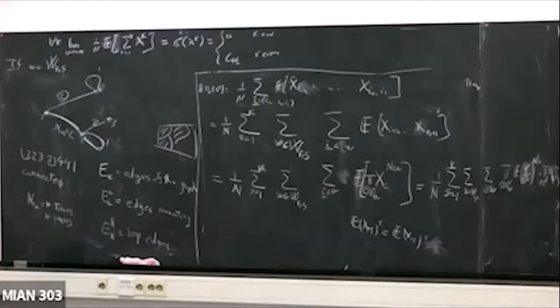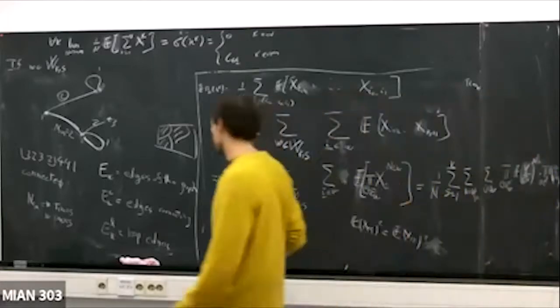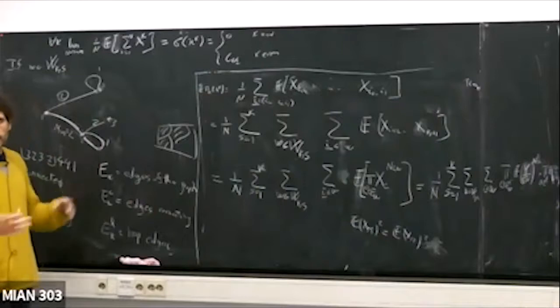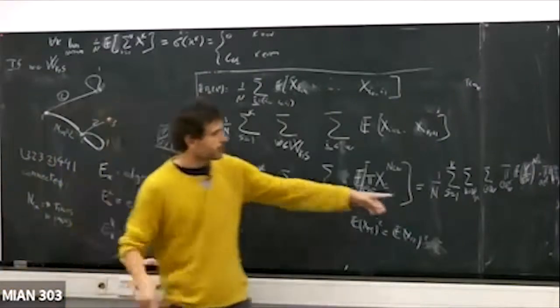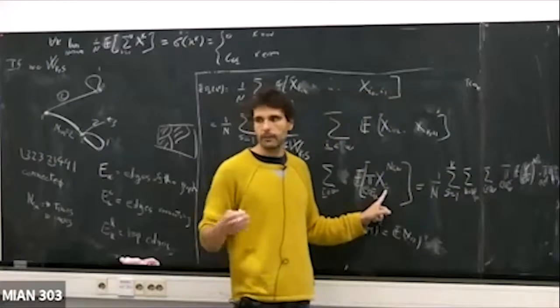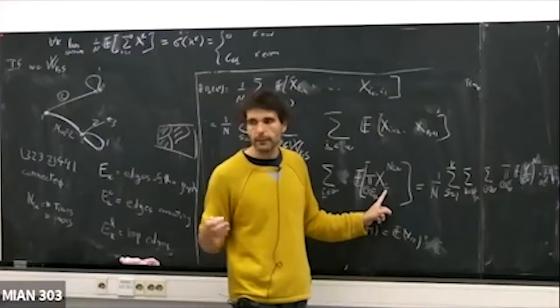You want me to rewrite it? I just put this product. The edges are the edges that are connecting and the edges that are loops. Why do I split them? Because the law of x_{ij} is different if i is equal to j, or if i is different from j.